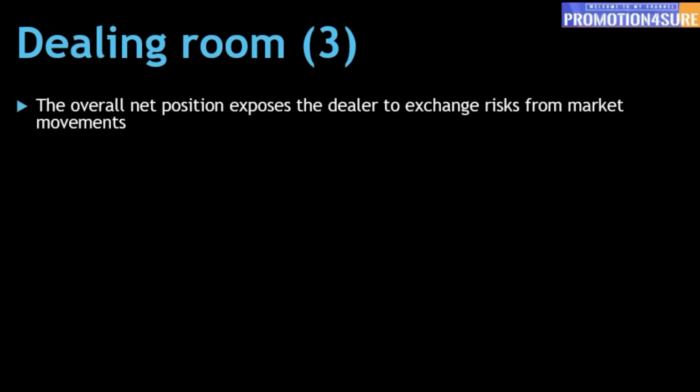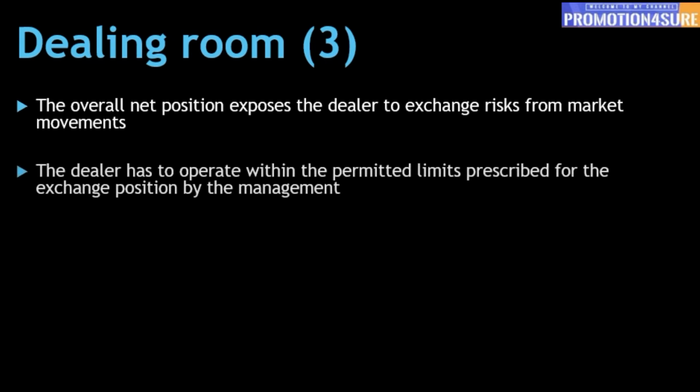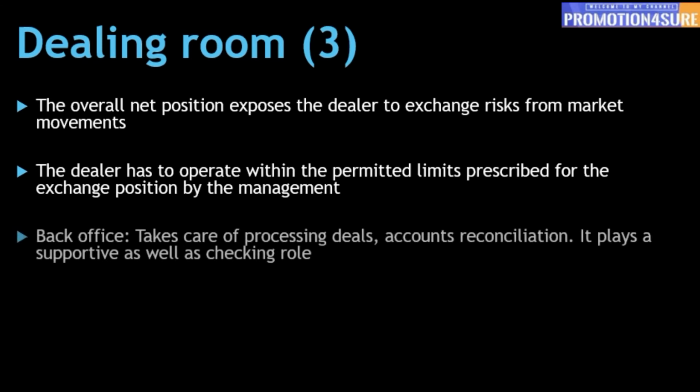Now, the overall net position exposes the dealer to exchange risk from the market movements. The dealer has to operate within the permitted limits prescribed for the exchange position by the management.